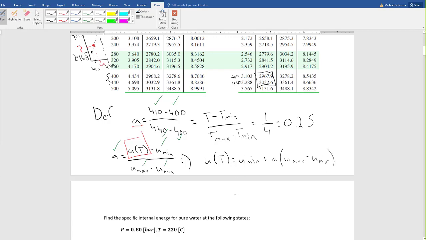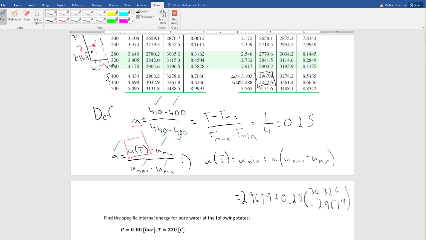And in our case, that's going to be u min is 2967.9 plus 0.25, so a quarter of the range between these two numbers, which is 3032.6 minus 2967.9. Right? And these are all in units of kilojoules per kilogram, except A, which has no units.